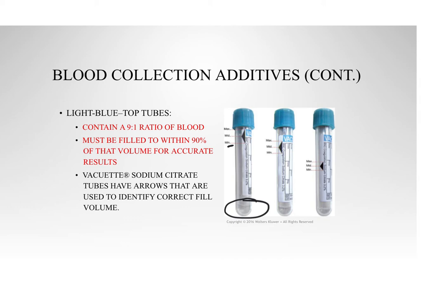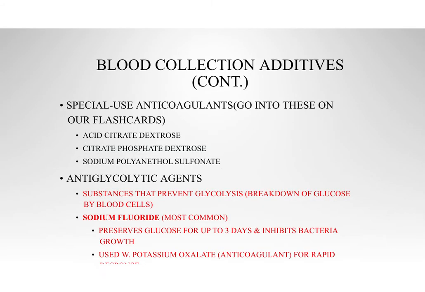We need to get an extra bandage or use the Coban wrap that holds it a little bit tighter, but not too tight. And we need to take extra precautions to make sure they're not bleeding before they walk out the door.